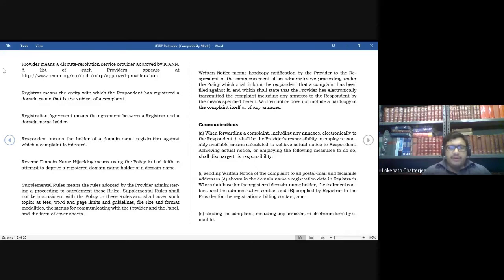Moving on, what are the supplemental rules? Say for example, we've seen who's a registrar, we were discussing. If you look at the registrar, there are some who have voluntarily submitted. So these registrars, say in United States, there are several ones.